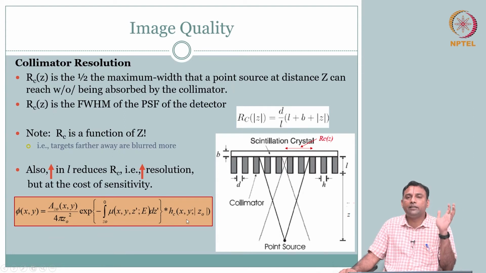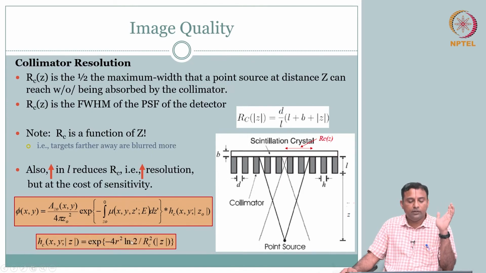Usually it is a Gaussian, which is what is assumed. This is a reasonable model, and you can incorporate its effect. So, the imaging equation is now incorporating the blurring due to your collimator resolution.